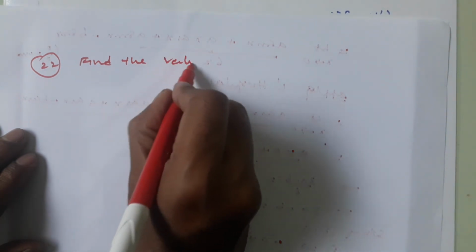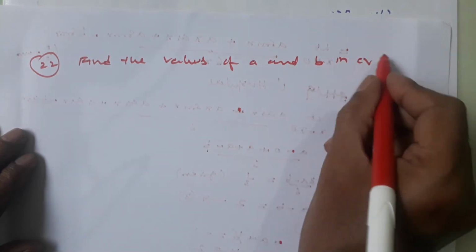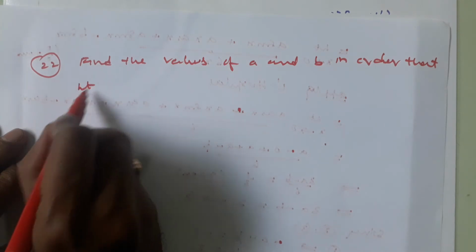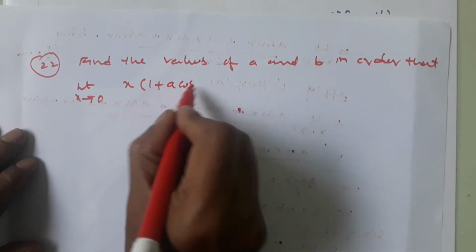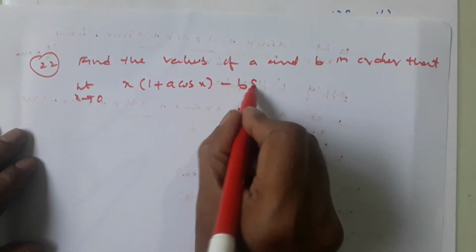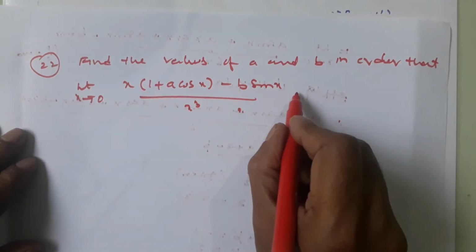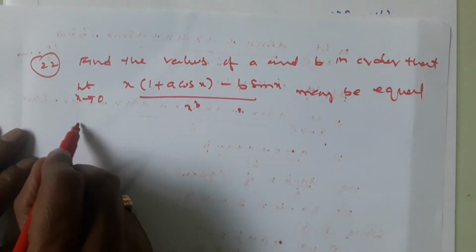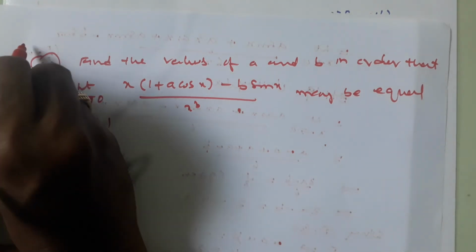Find the values of A and B in order that limit x tends to 0, x into (1 plus A cos x) minus B sin x, whole divided by x cube, may be equal to 1. So this problem was asked in 2014.